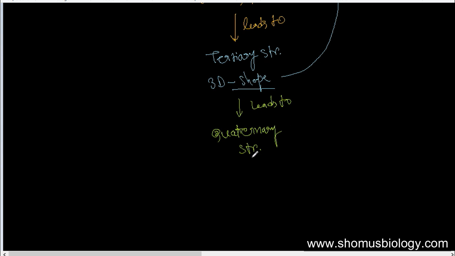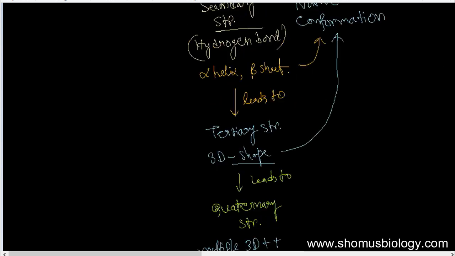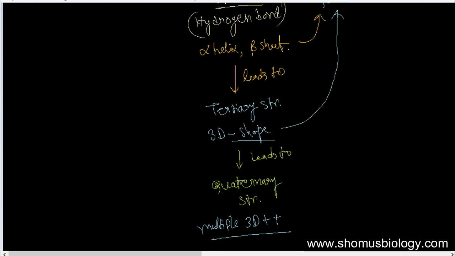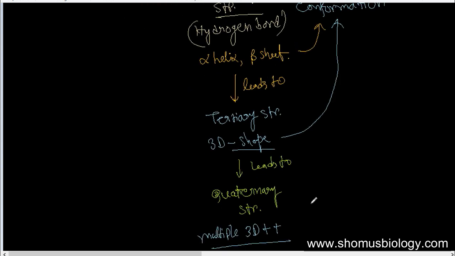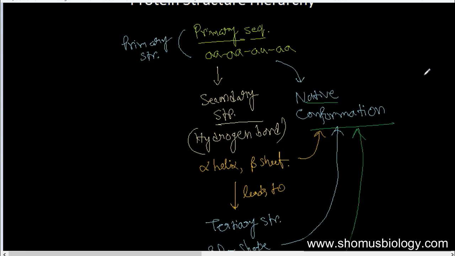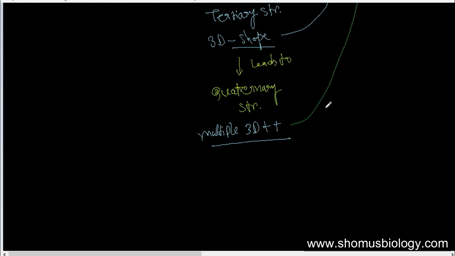Okay, and in quaternary structure, multiple 3D structures are attached to one another to form an even more complex structure, which is not always required. This quaternary structure can also contribute to the native conformation of a protein. So all these primary, secondary, tertiary and quaternary structures can contribute to the native conformation of a protein.